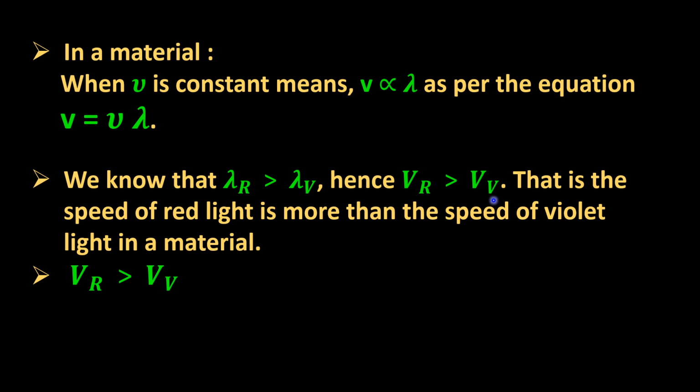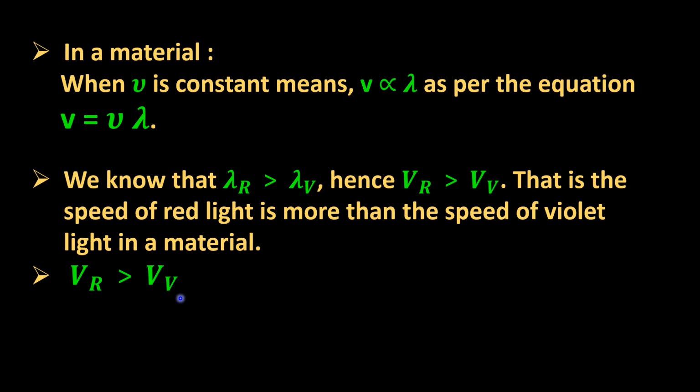In vacuum, all colors travel with the same speed, equal to the speed of light 3 × 10^8 meters per second. So the speed of red light is more than the speed of violet light in a material. So what is the result here? Vr is greater than Vv.